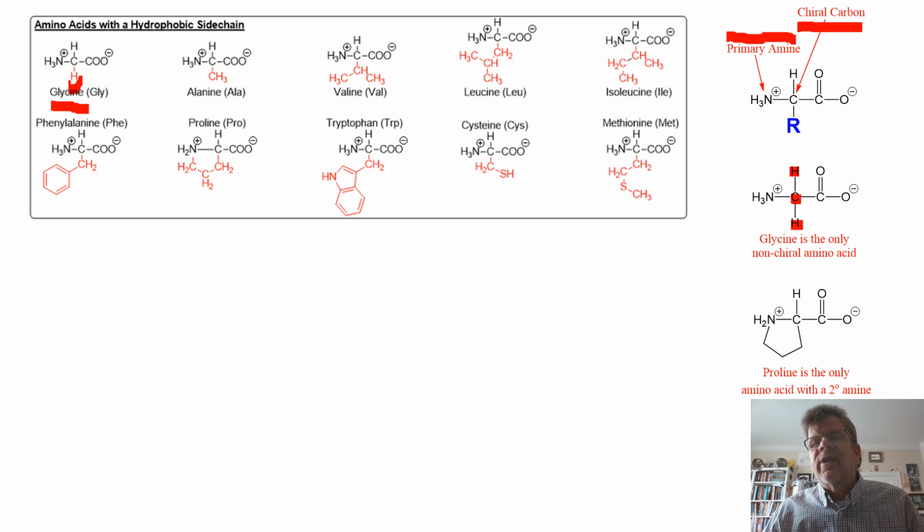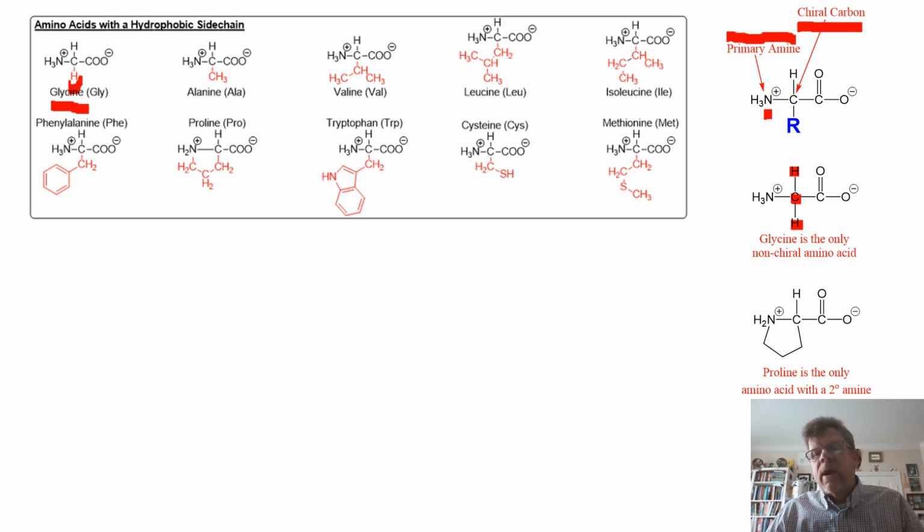We look at the nitrogen and ask how many carbons are directly attached to it, right next door. In this case, it would be 1 carbon, so that would be a primary amine. 19 of the 20 amino acids have primary amines as their amino piece on the backbone, but there is one that has a secondary amine, and that is proline.